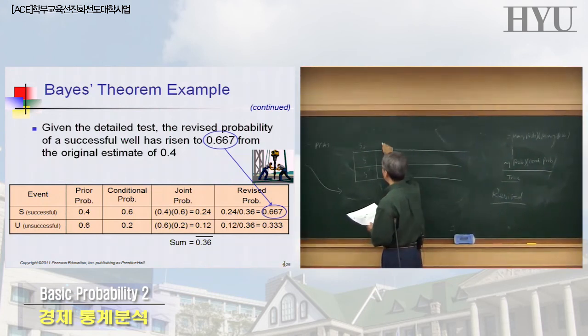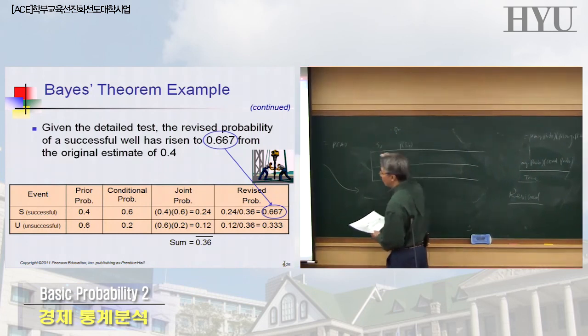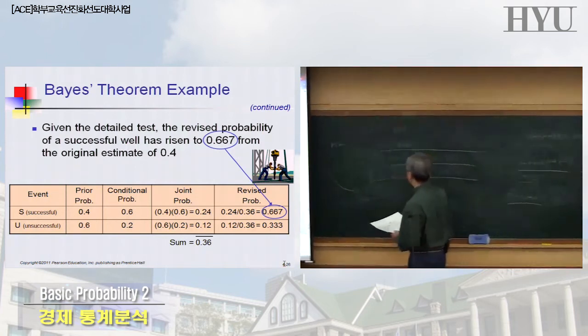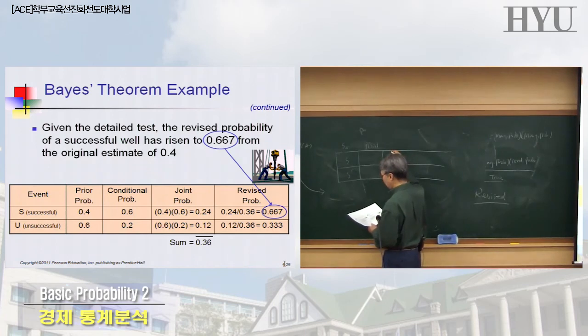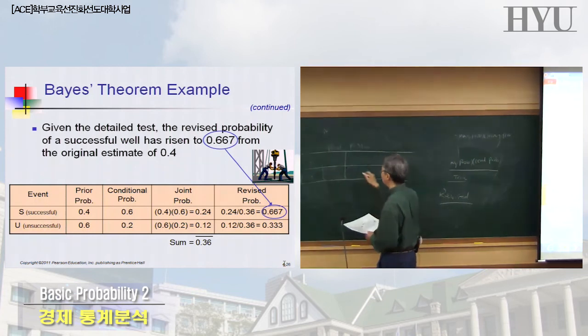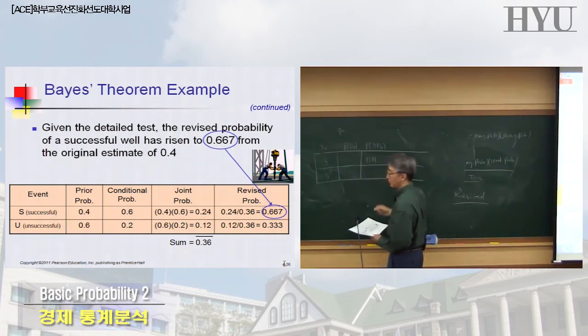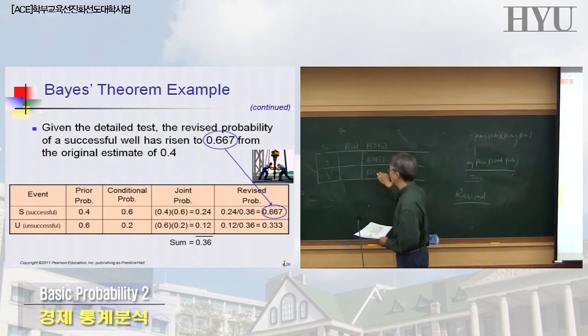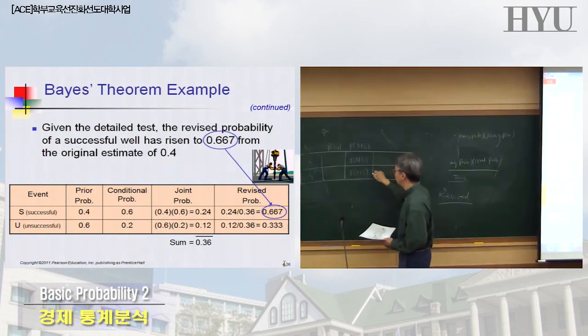Probability of S_i, that's the prior, it's right here, the prior probability. And then the next one, conditional probability, is the condition being satisfied given that the first event was S or S bar. So this is the probability of the test being positive, D, given that it was success, and the probability of D given that it was a failure.